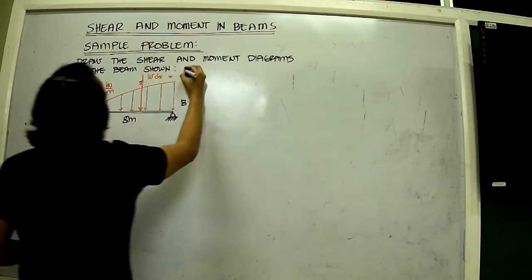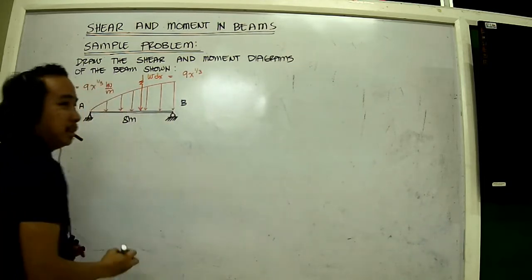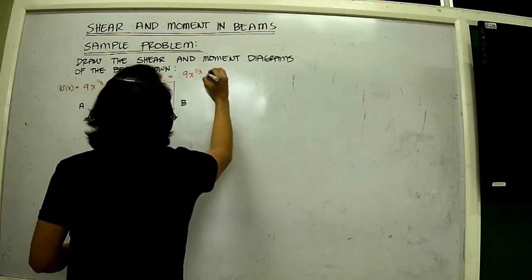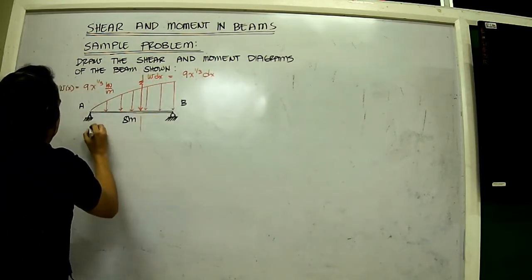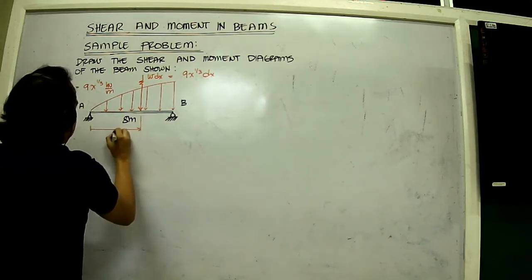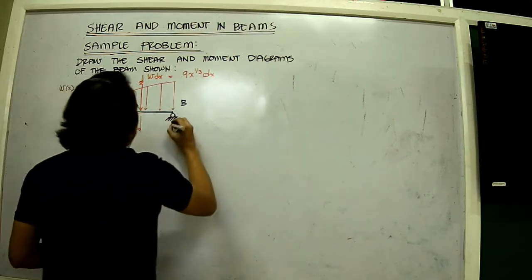Wx is equal to 9x^(1/3) times dx. The distance from here to there, I'll just call x. I want to solve for the reaction at B.